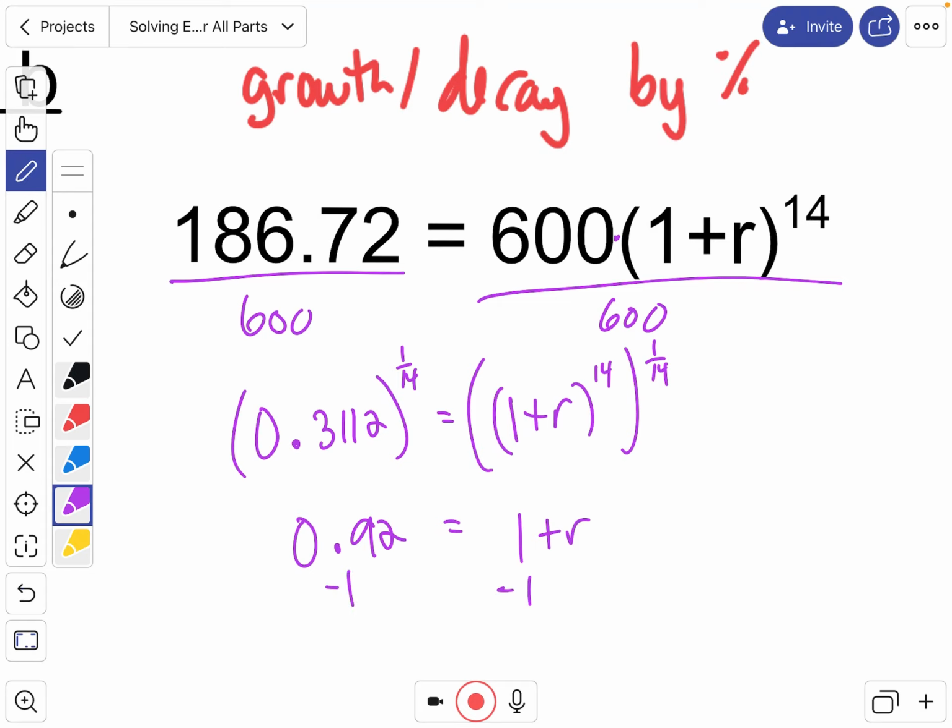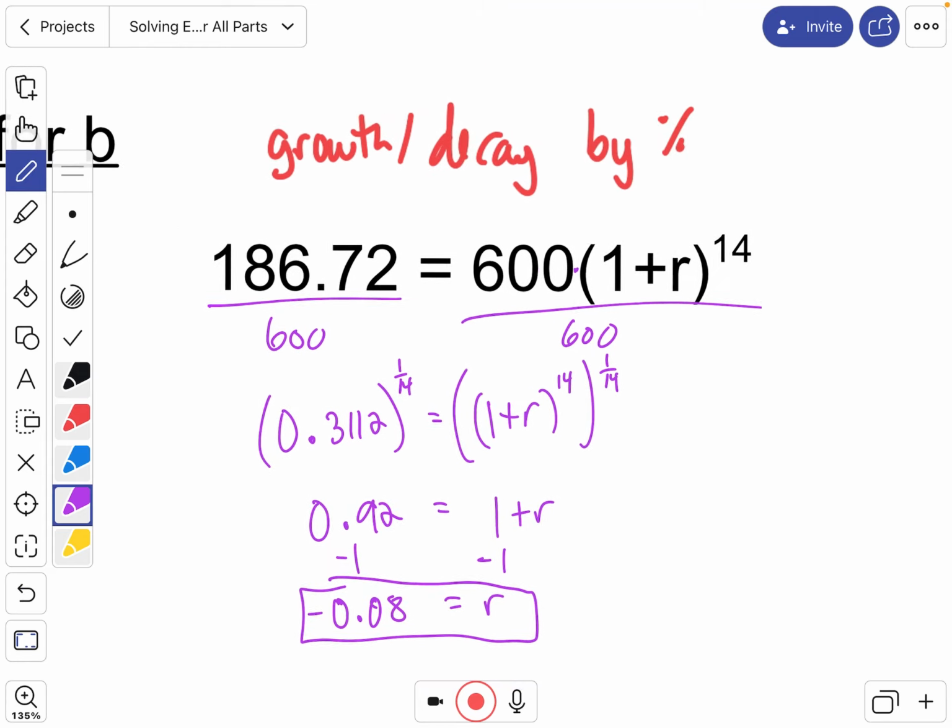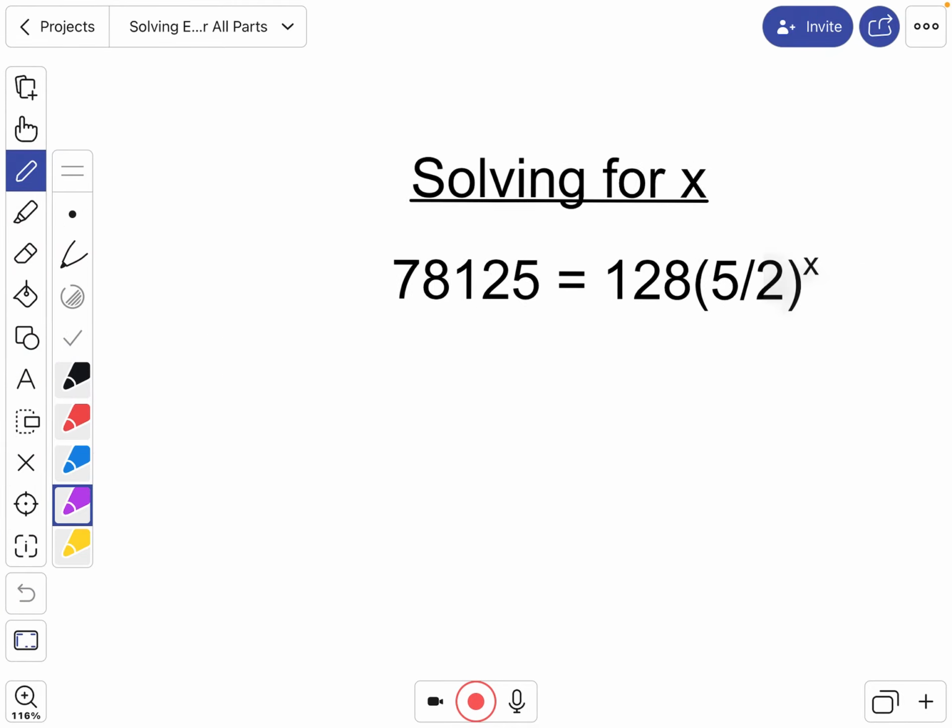Then I'm going to subtract 1, and I get negative 0.08 equals r. So our rate is an 8% decay in this situation. But same steps. Divide by that initial value, the 600, take the 14th root, or the 1/14th power, however you do it, and then subtract 1. Okay, the last one is solving for x.